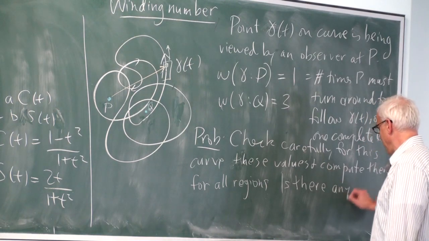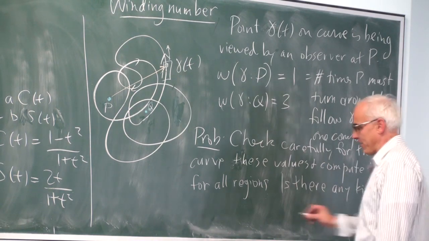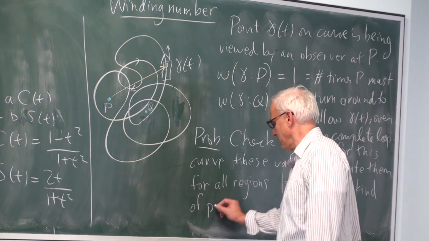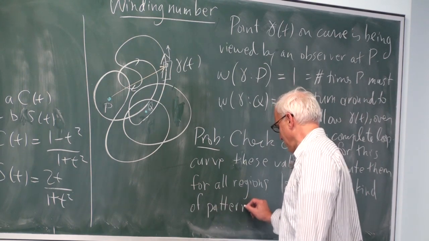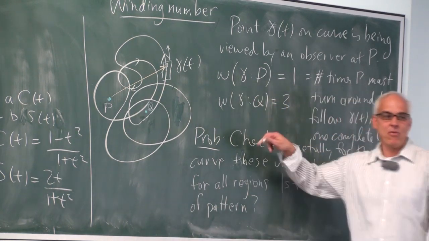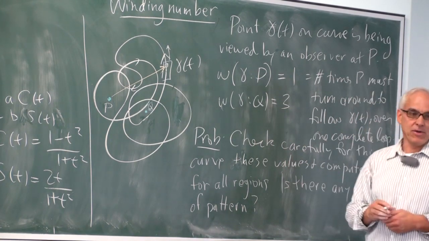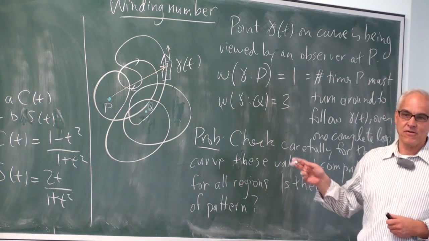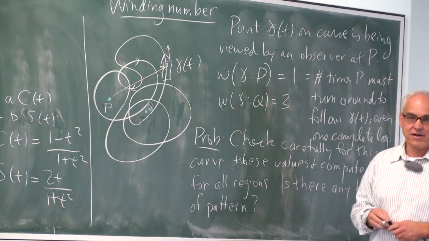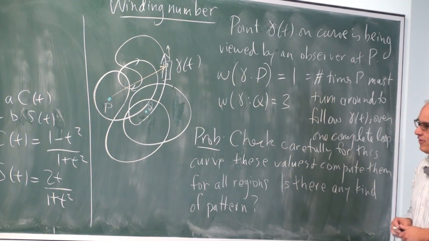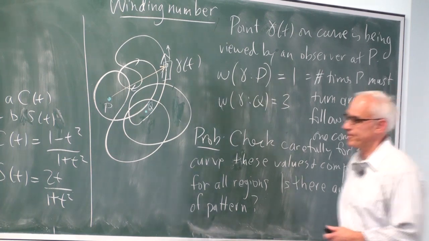Is there any kind of pattern? And you might like to think about whether there is an algorithm that's similar to the algorithm that we used for the turning numbers to sort of efficiently calculate a winding number. I think you'll find that that's pretty easy to come up with.